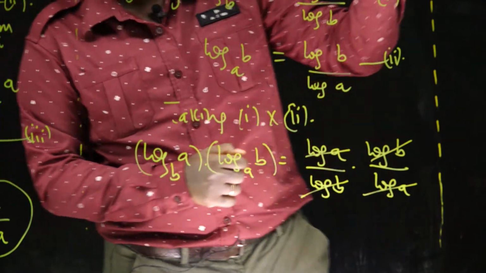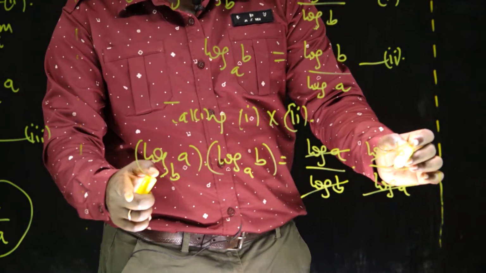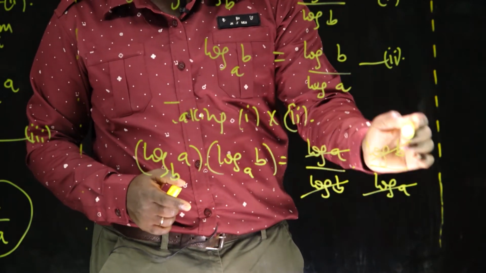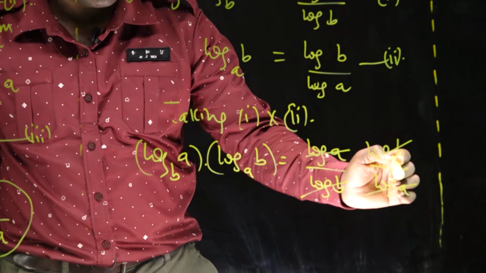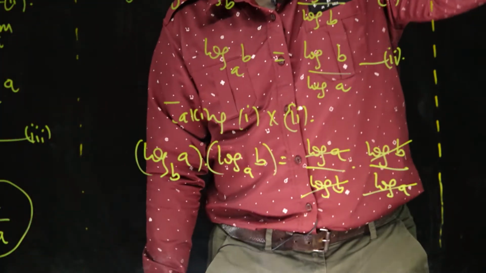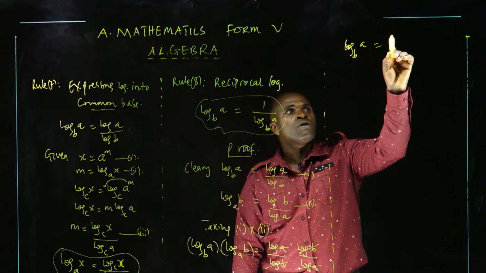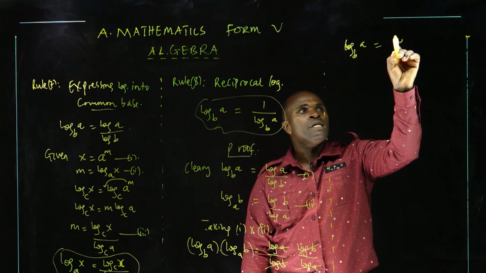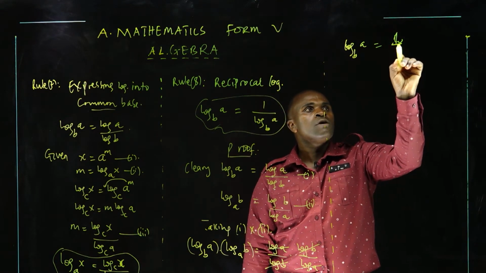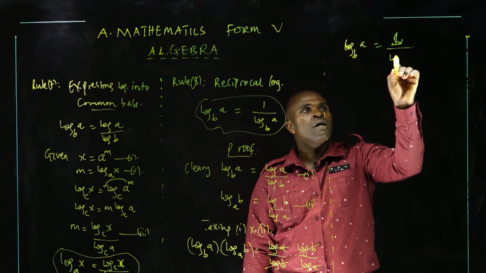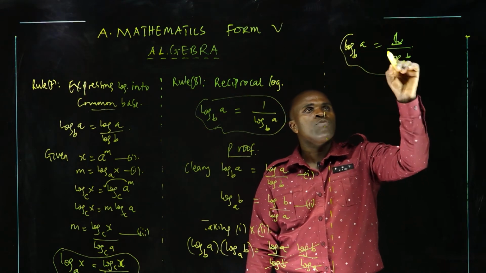Since this side is 1, if I decide to divide both sides by this factor, we have logarithm of A base B equals 1 divided by log of B base A, which is the reciprocal rule.